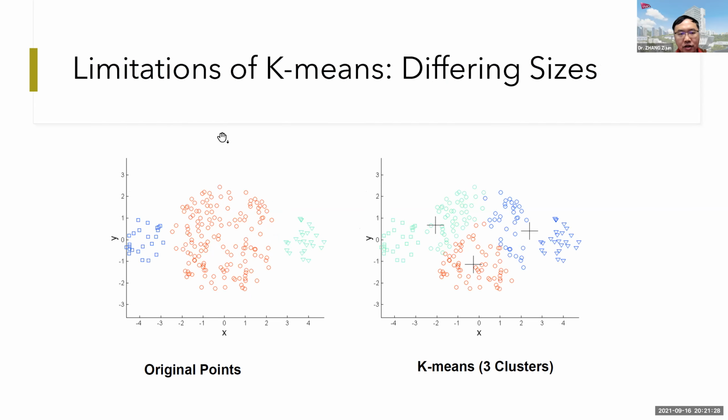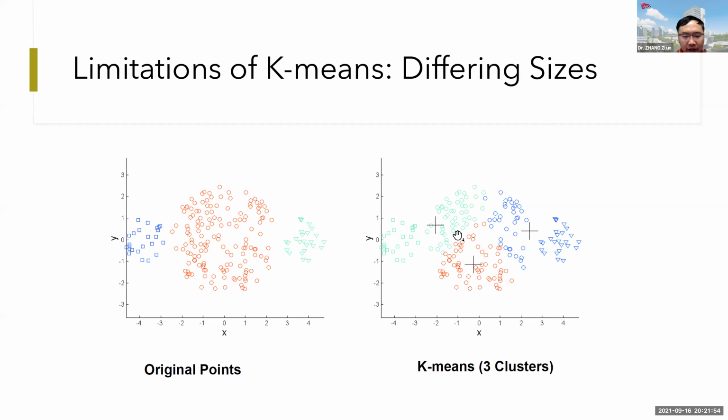Sorry, the visualization of the cases where k-means has limitations. So let's look at the first case, differing sizes. If we know the ground truth, the original data points naturally are in clusters, but the clusters have different sizes.